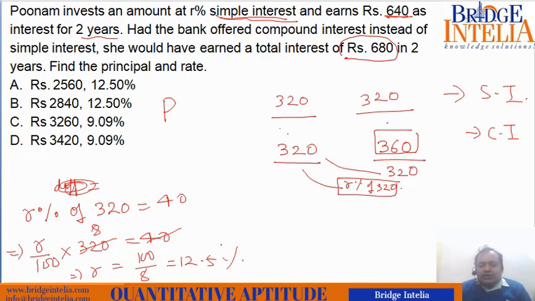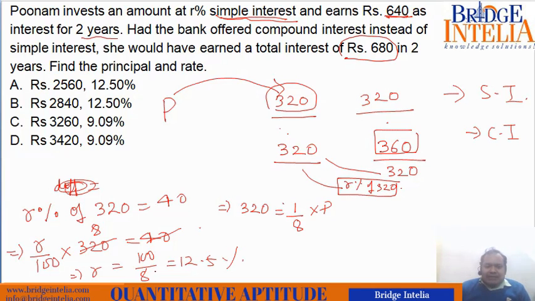So rate is equal to 12.5%. What does this mean? It means 320 is equal to 12.5% of P, because 320 is the interest you are earning in first year. 12.5, that is 100 by 8%, means 1/8 of anything.